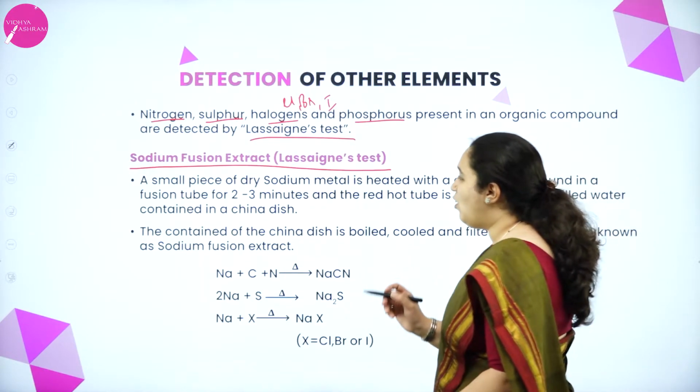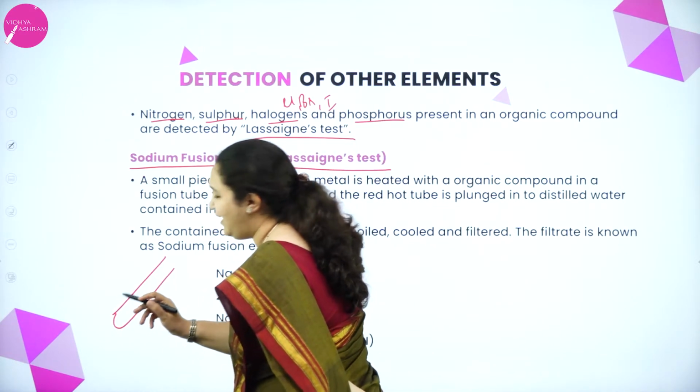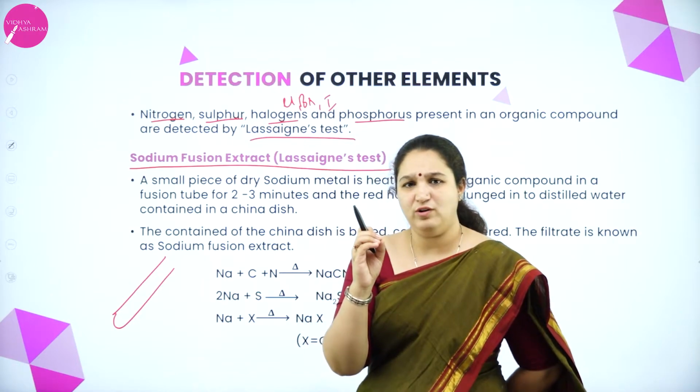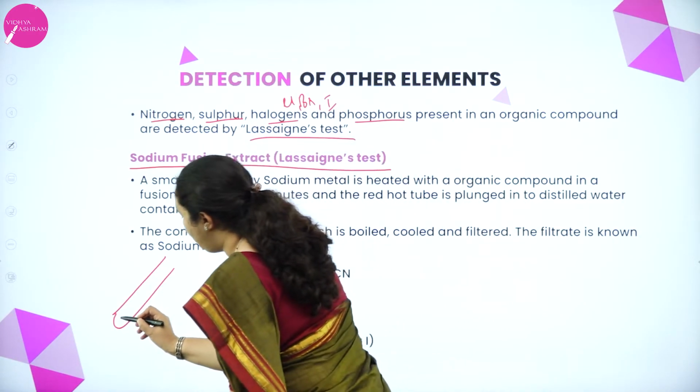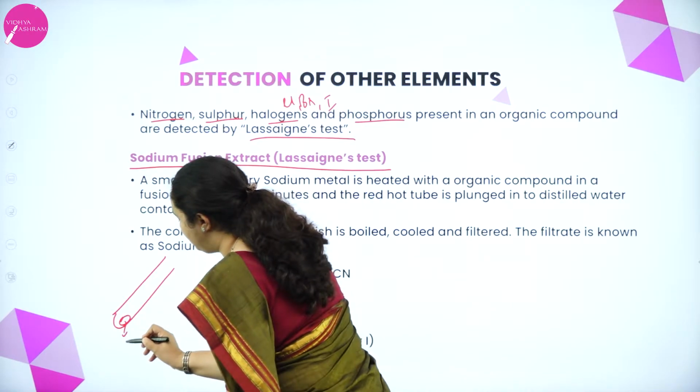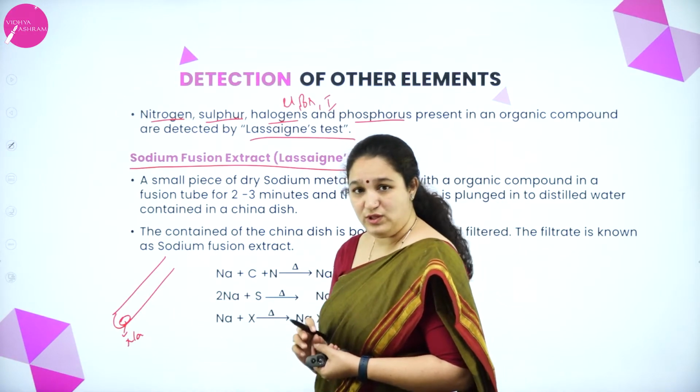Now what are we doing here? We take a small tube called the sodium fusion tube. It is the smaller version of the test tube you can imagine. And we take a small piece of sodium metal and add it into the tube.